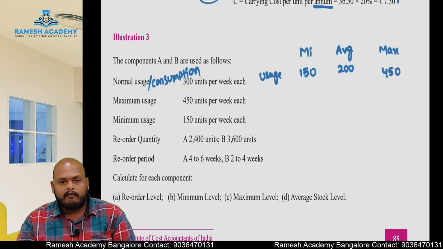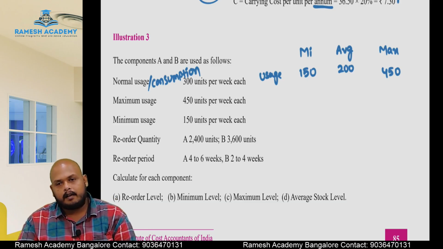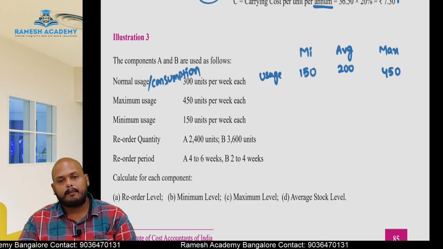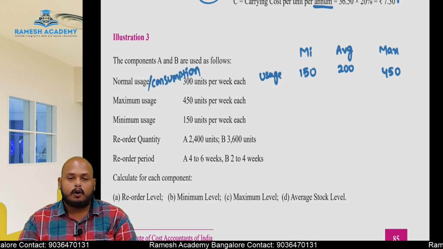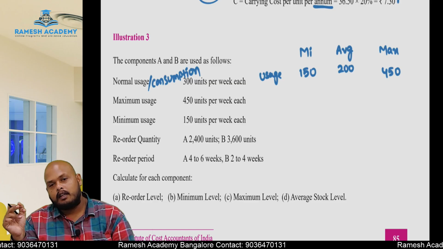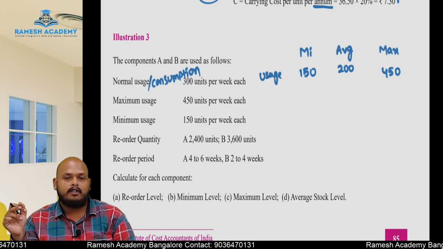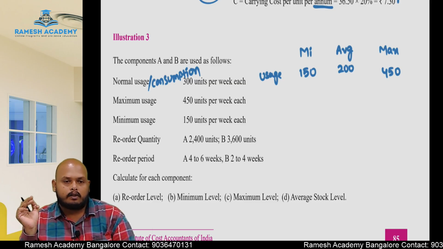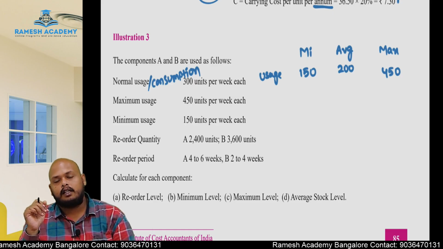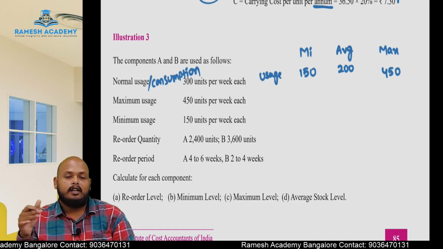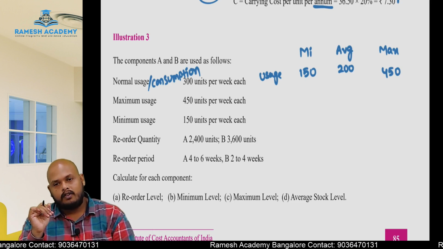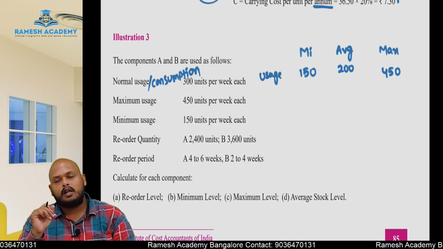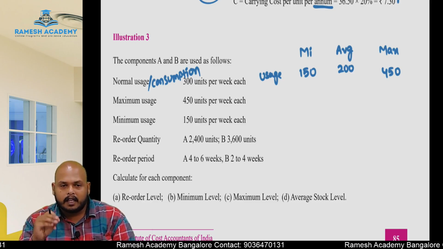Everyone did 450 plus 150, 600 by 2, which is 300. Everyone thought it was a question paper printing mistake, corrected 200 to 300 and wrote an assumption that there is a printing mistake in the question paper. They did the calculations like that. Unfortunately, everyone lost the marks. We know 300, but the institute had given 200 intentionally. When they are giving some value, we have to take that value.